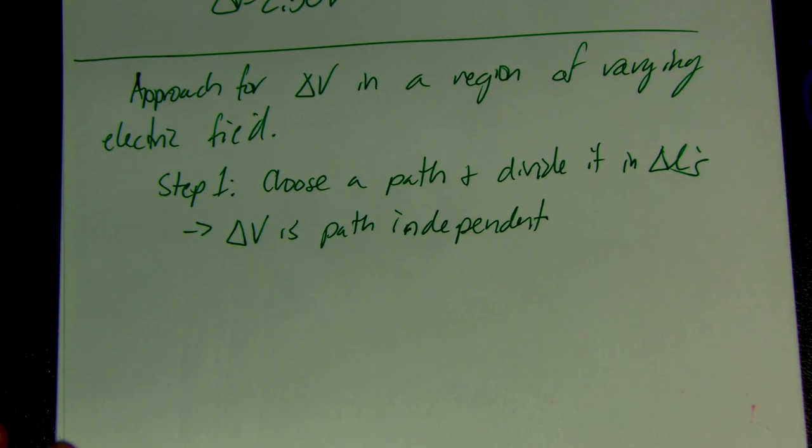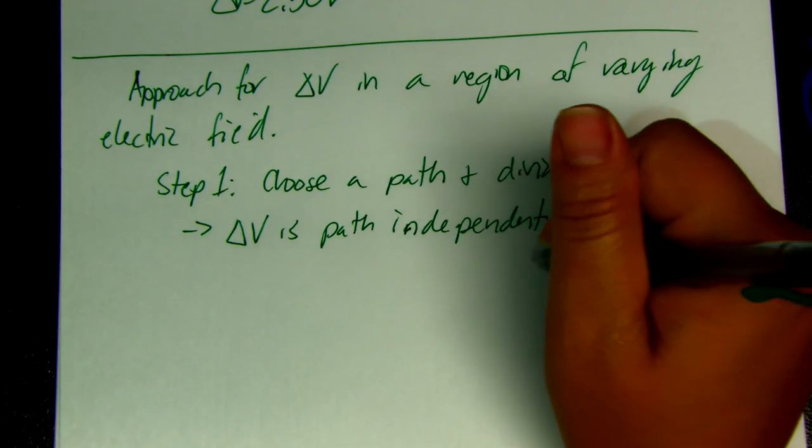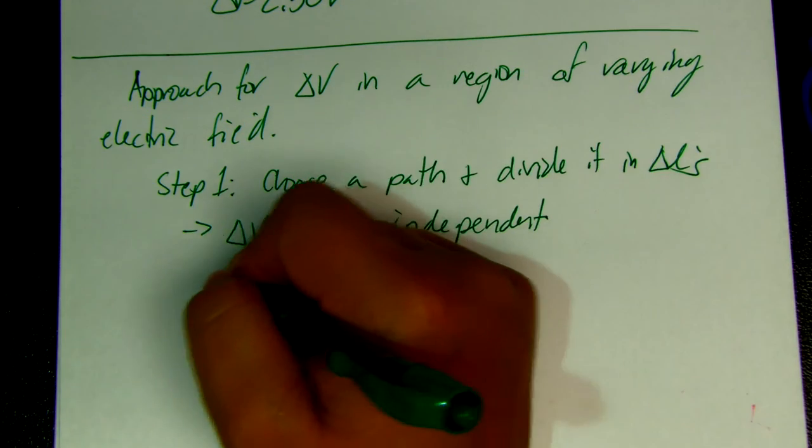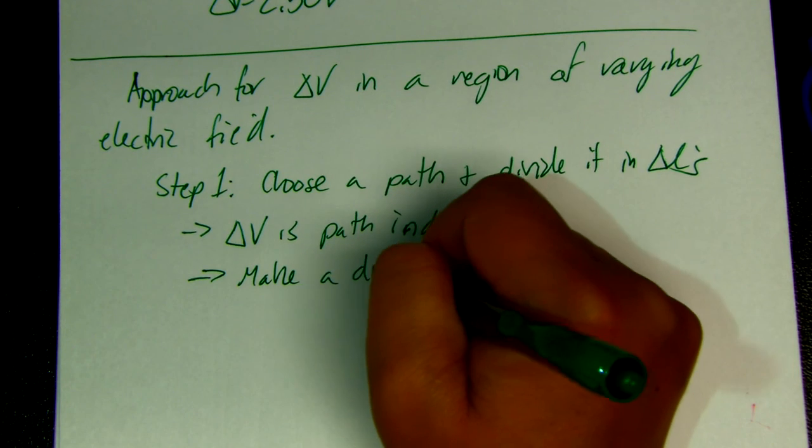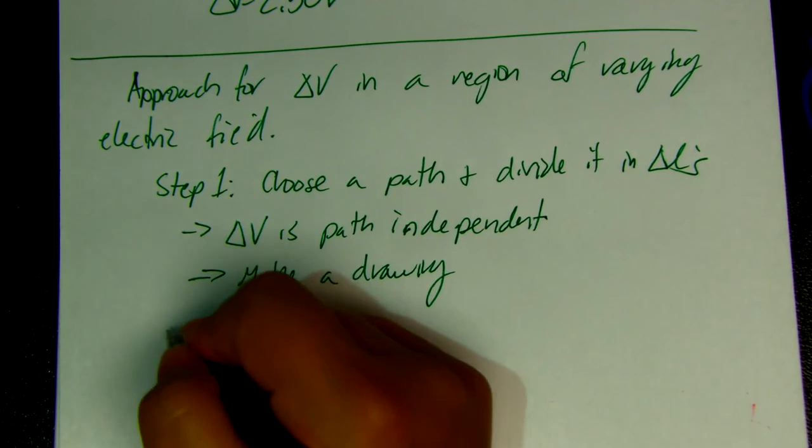But you do still need to know what the E's are for the path you're taking. And you'll see that it really won't matter which path you take. And part of this, you want to make a drawing. Those drawings are so important.